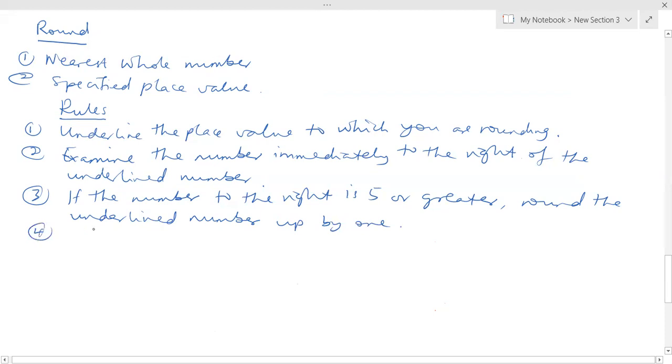And then the last step: if the number to the right is less than 5, leave the underlined number unchanged.